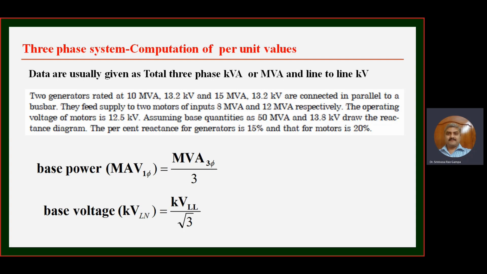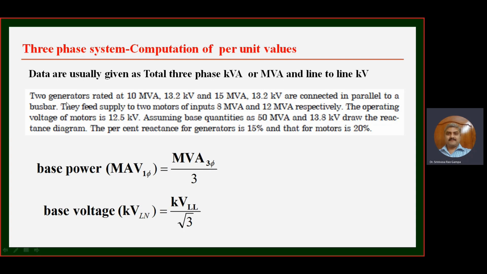So based on the data, we need to derive the formulas for base impedance, voltage, and base current in terms of three-phase quantities. So base power MVA single phase is equal to base MVA three-phase by 3. So it is a balanced three-phase system.